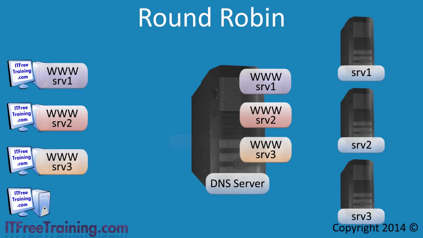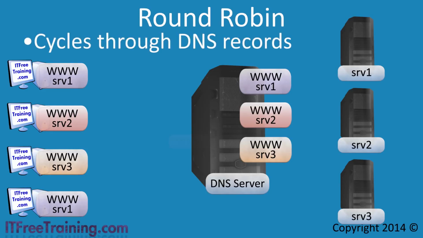When the fourth workstation requests the DNS record for www, this time the DNS server will loop back to the first DNS record. As you can see, when multiple DNS records are present with the same name, the DNS server will simply loop through the available DNS records, returning each DNS record in turn.